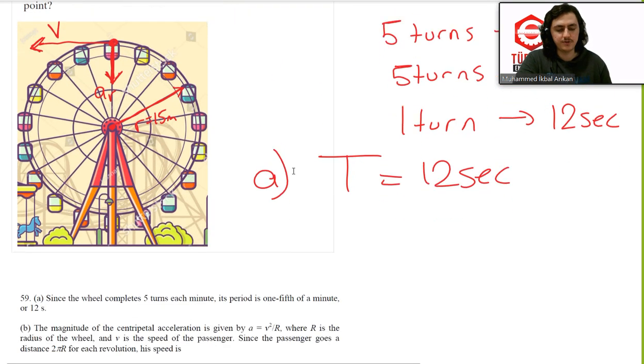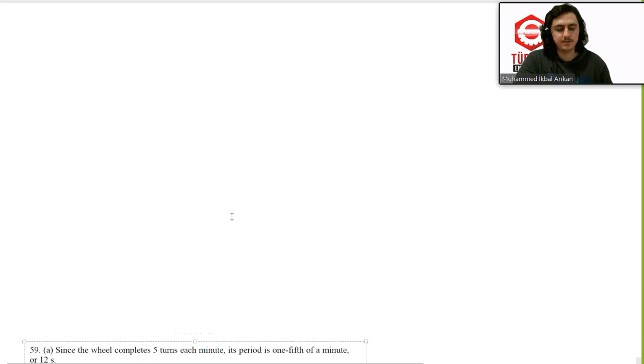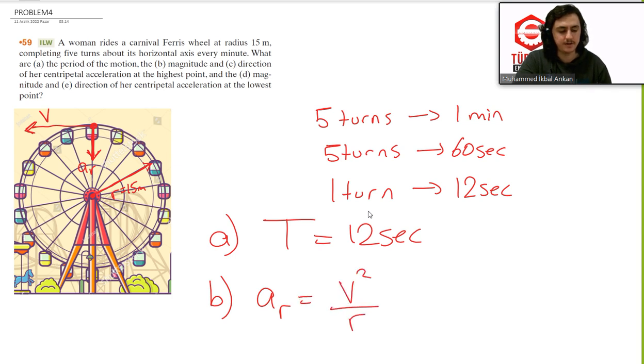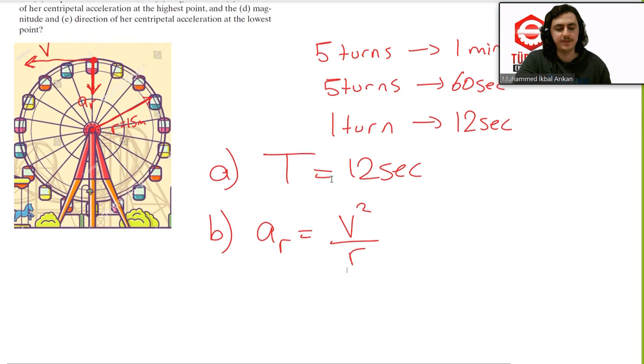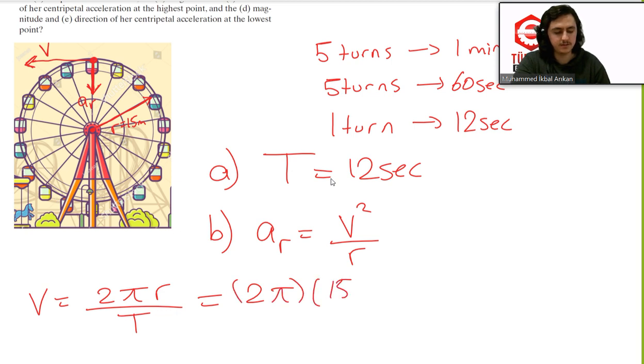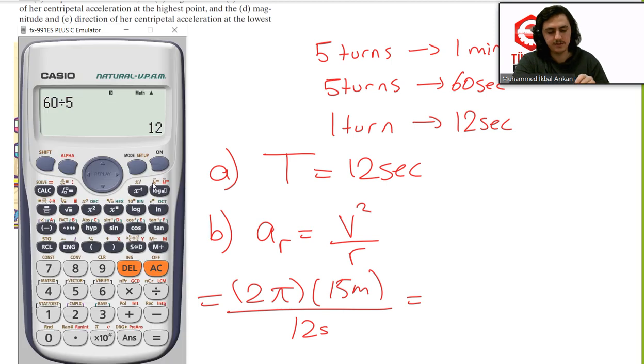I must calculate the velocity first, because the radial acceleration is v squared divided by r. I know r, it is 15 meters, but I don't know v. So v will be equal to 2 pi r divided by the time period. So 2 pi times 15 meters divided by 12 seconds will give me the velocity. Then I must calculate the acceleration.